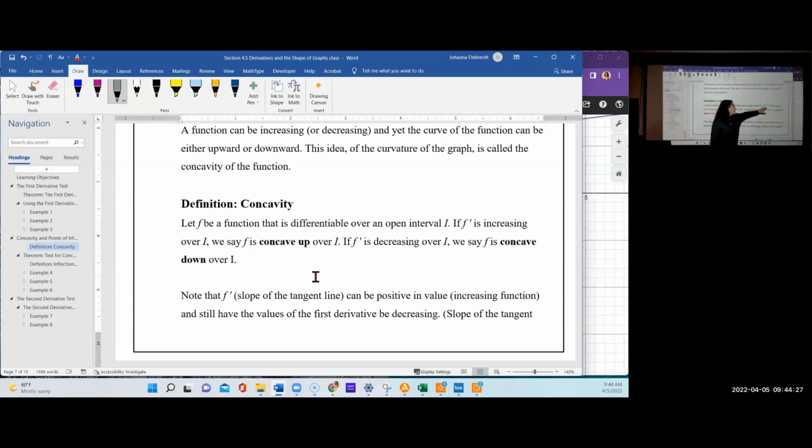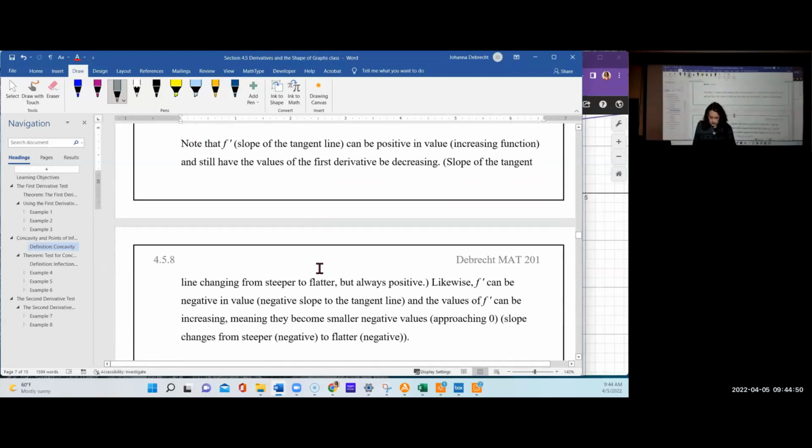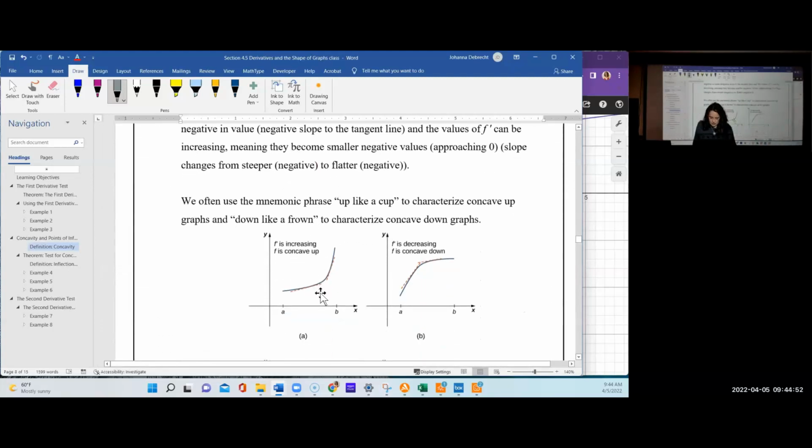The derivative of the first derivative is the second derivative. So when the second derivative is positive, the first derivative is increasing, so it's concave up. When the second derivative is negative, the first derivative is decreasing over the interval, so it's concave down. All right. Now let's take a look at a picture right here.